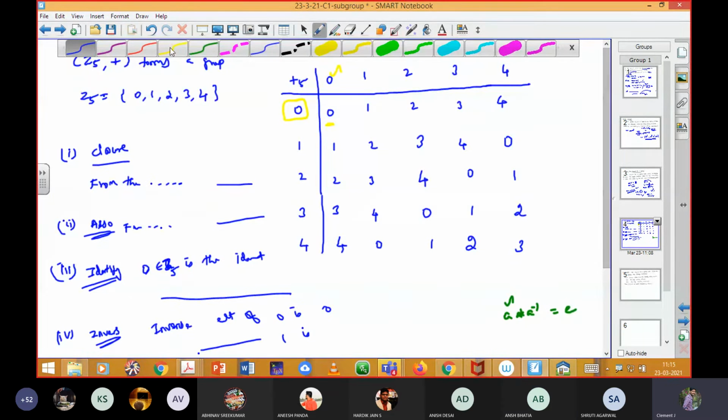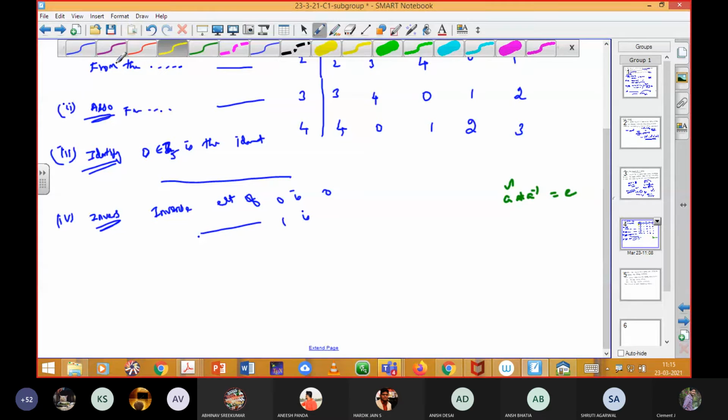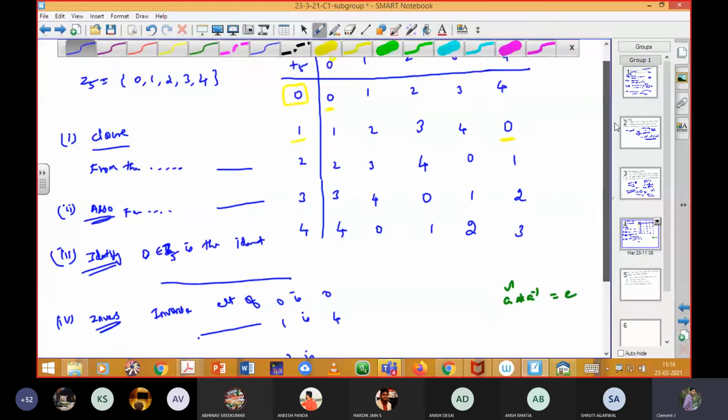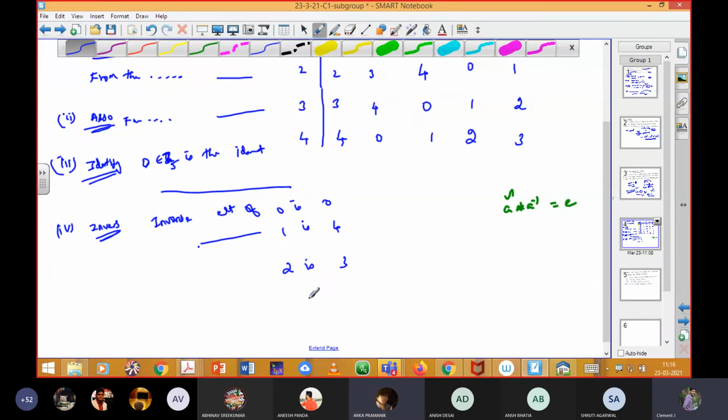Because for what value added with 1 do I get 0? So inverse of 1 is 4. Next, inverse element of 2 is 3. Inverse element of 3 is 2. Inverse element of 4 is 1.